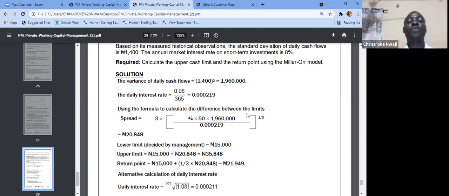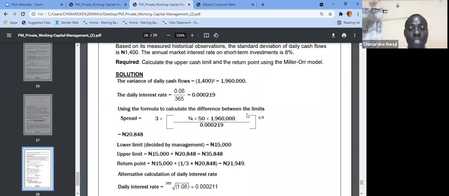If you are going to come in from the upper cash limit level, all you need to do is take 2/3 of the spread, which is 2/3 of 20,843. Then you minus this figure you got there from the upper limit.